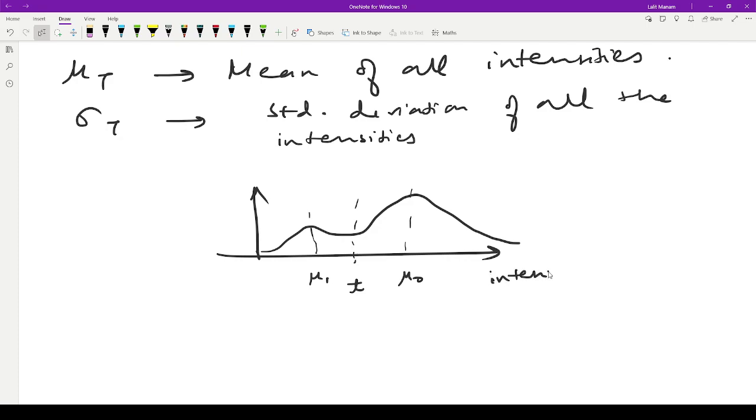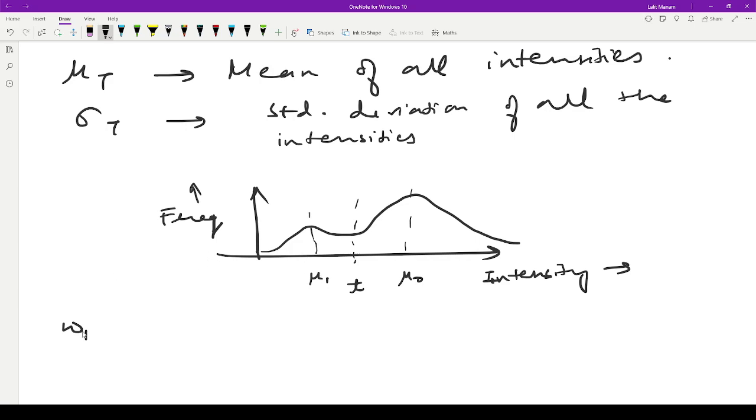This is the intensity axis, and this is the frequency. What plot is this, based on the class lectures? Frequency versus intensity. Histogram. Yeah, it's the histogram of the image. It is assumed that the foreground and background are separable, I mean, you can see two separate modes. This assumption is required to make use of Otsu's algorithm.